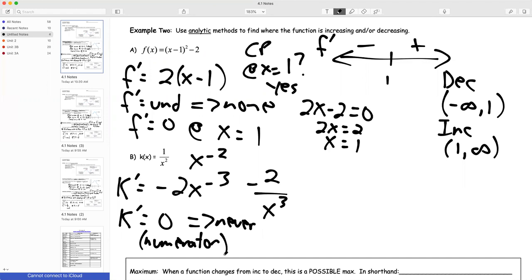And my numerator can never be 0 because it's always negative 2. Therefore, I can ignore this one. It is undefined, however. And it's going to be undefined if I have a rational function when my denominator is equal to 0. So I would take the x cubed and set it equal to 0. And that's going to tell me that it is undefined at x is equal to 0.